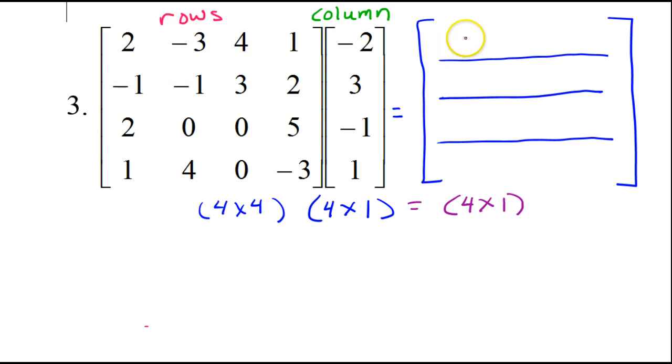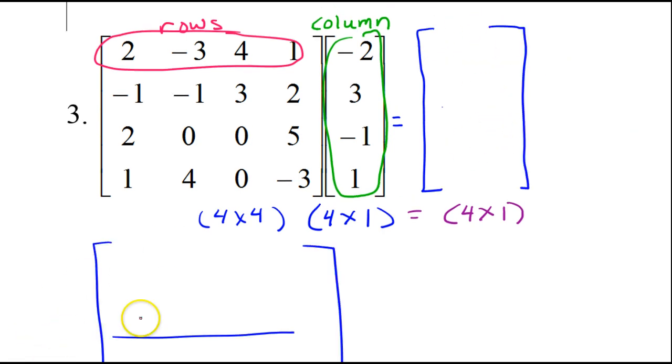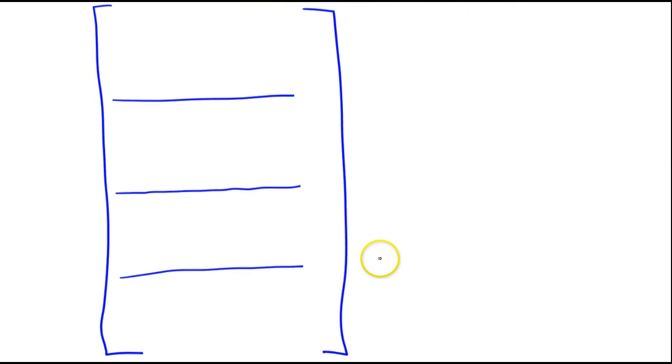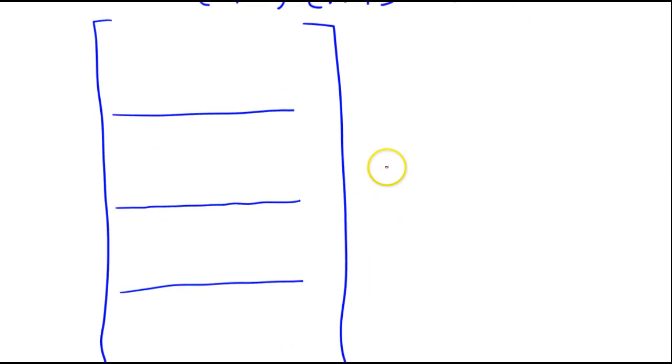Okay, so my first element, this is row 1, column 1. So I'm going to be multiplying row 1 times column 1. I suddenly realized I'm going to need more space than this, so I went ahead and created a very big matrix, and you'll see why I needed to make it so tall.